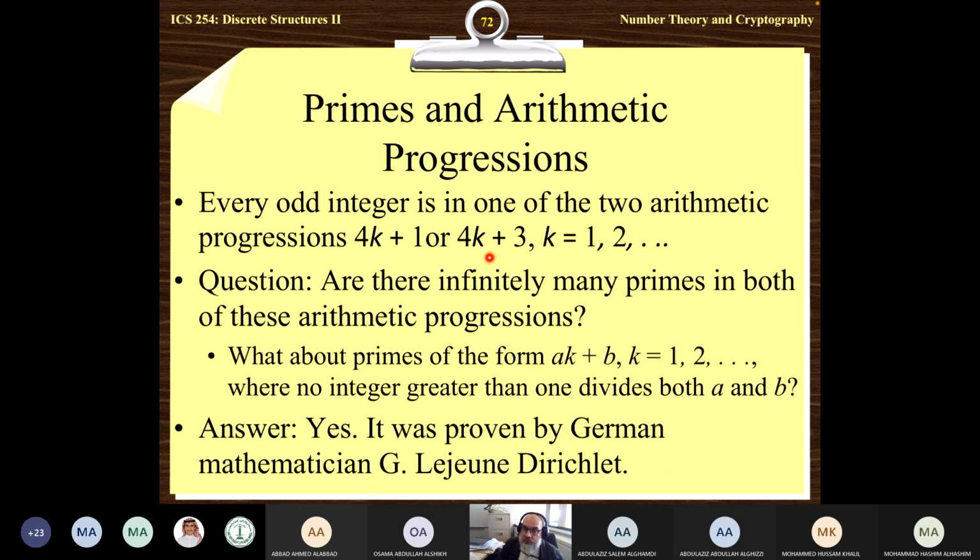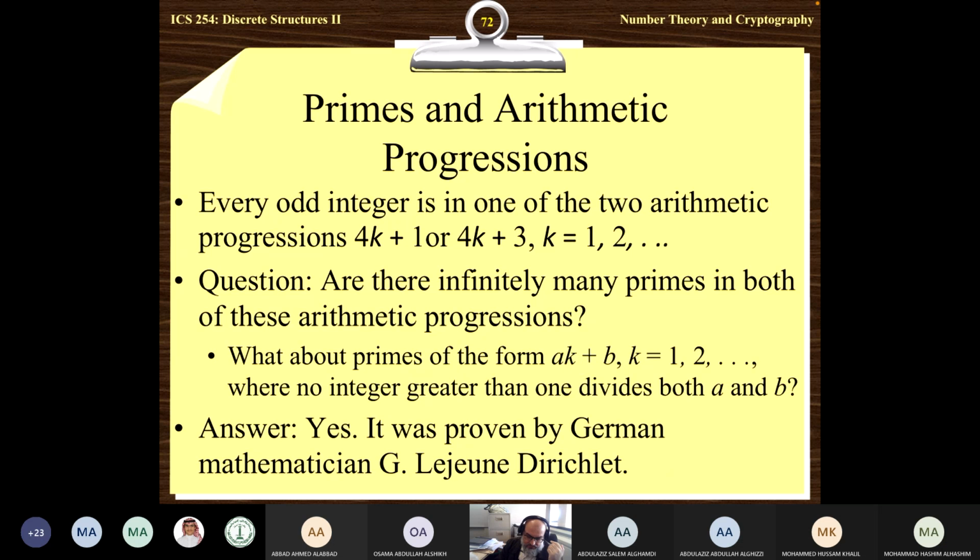Okay, well, what about primes of the form ak plus b, where k can be any positive integer, and no integer greater than 1 divides both a and b, which means that they are relatively prime. We will see what we mean by relatively prime towards the end of the lecture. So when a and b are such that 1 is the greatest common divisor between a and b, do we have infinitely many prime numbers of this form?